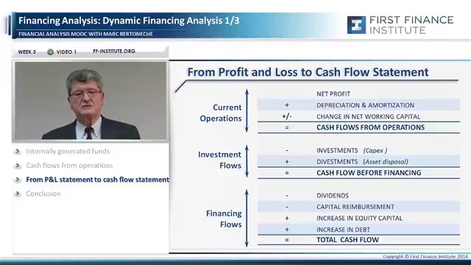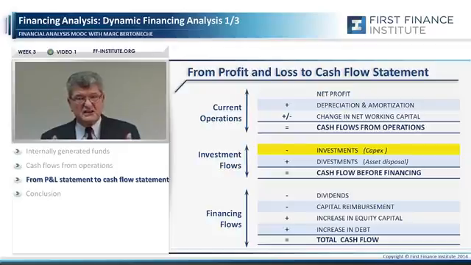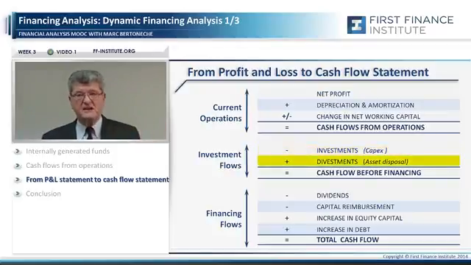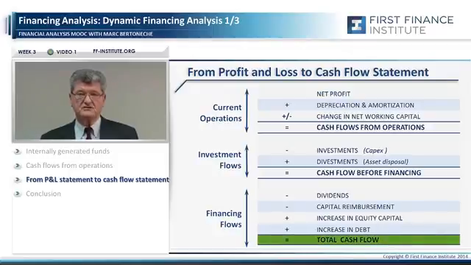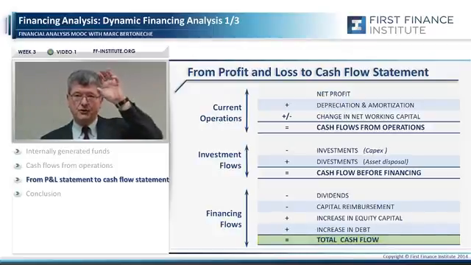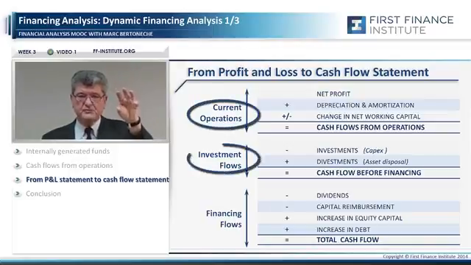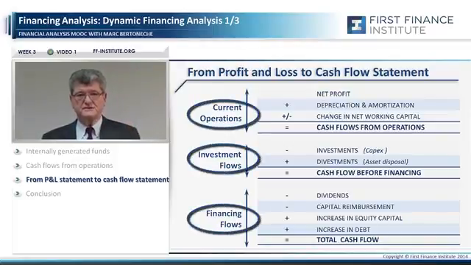Then we deduct the CapEx, the capital expenditure, the investment, and we add, if any, the asset disposal, and we get the cash flow before financing. And then you have all the financing operations, dividend payments, repayment of debts, new debt, issue of capital, etc., to get the total cash flow. So you see 3 stages: current operations, investment operations, financing operations.